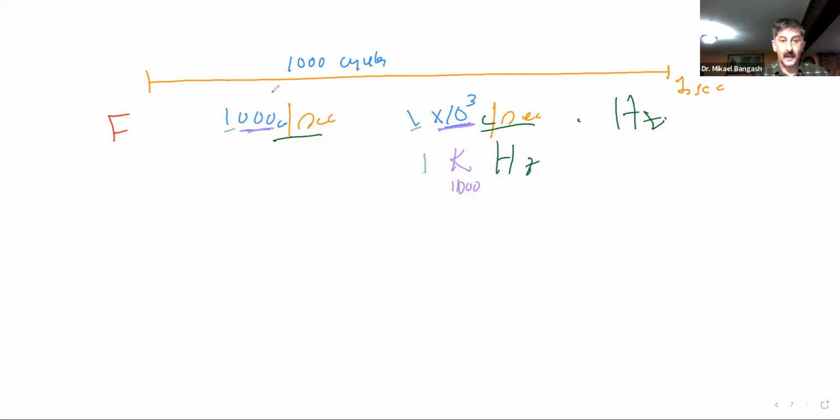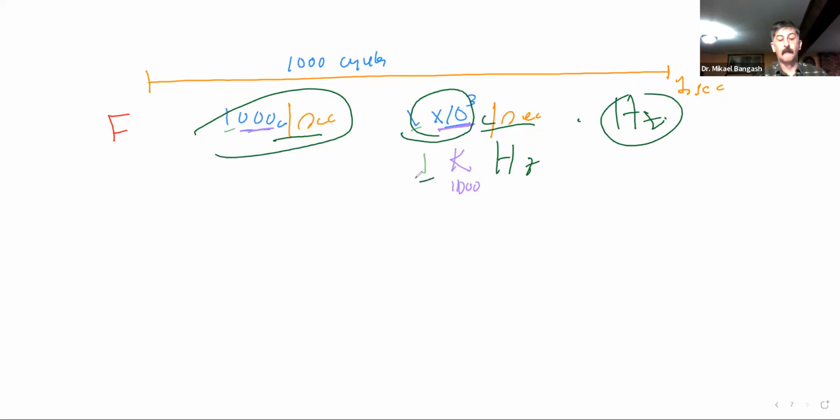So 1,000 cycles per second is going to mean that you have a frequency of what we refer to as 1 kilohertz. But that 1 kilohertz can be written like this. It can be written like this with this. Or you can just go plain 1 k for the 1,000, add Hz for the hertz.